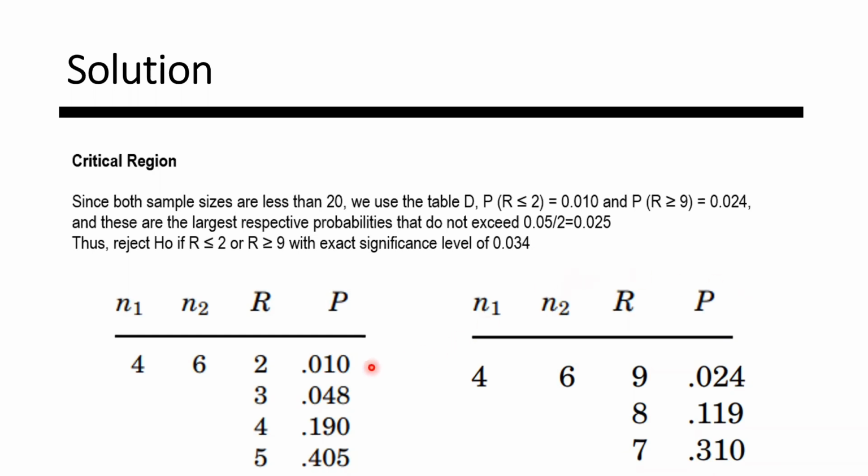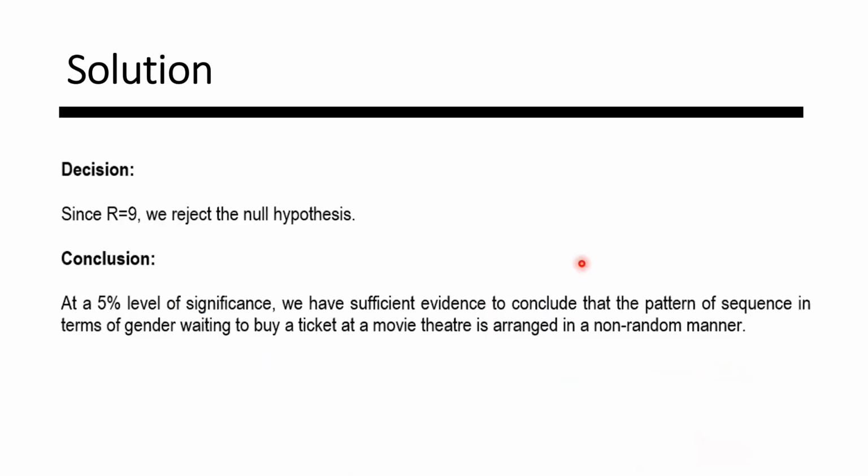And if you add 0.01 and 0.024, we get 0.034, which is less than 0.05, our level of significance. Since R is equal to 9, we reject the null hypothesis. Conclusion: at a 5% level of significance, we have sufficient evidence to conclude that the pattern of sequence in terms of gender waiting to buy a ticket at a movie theater is arranged in a non-random manner.